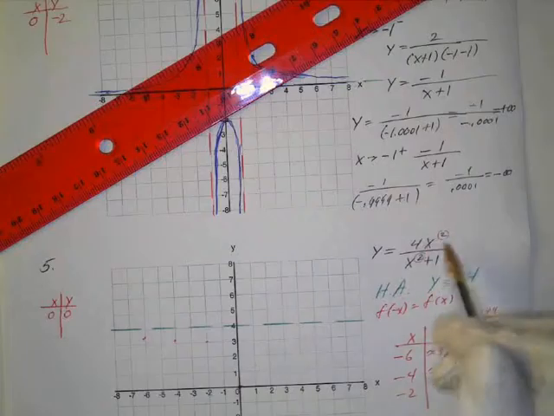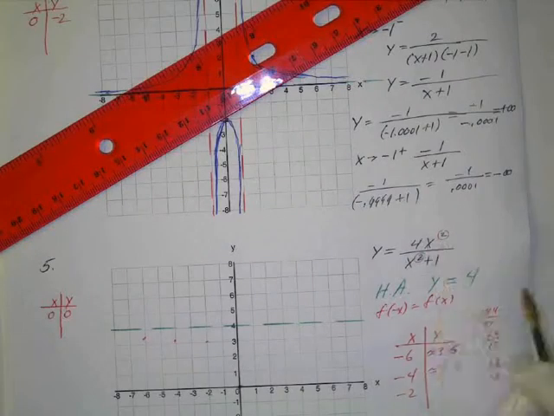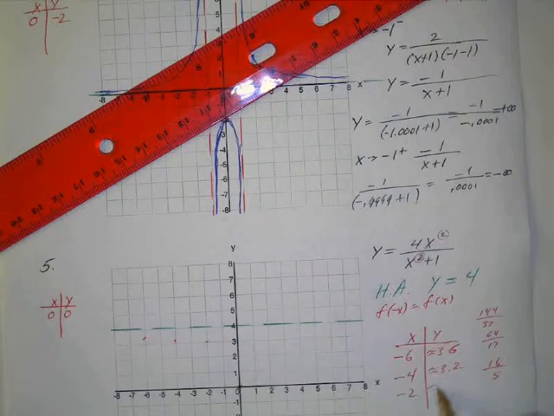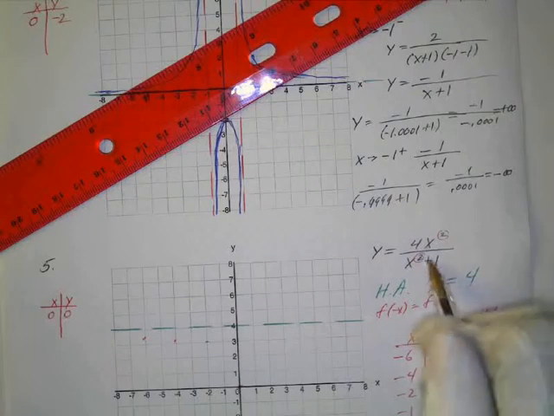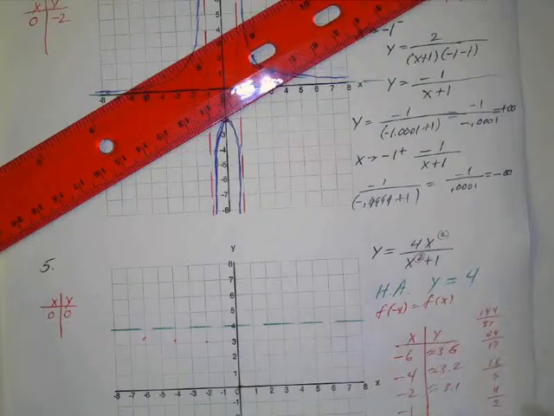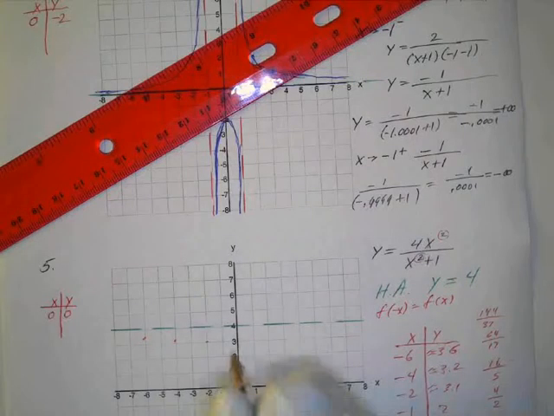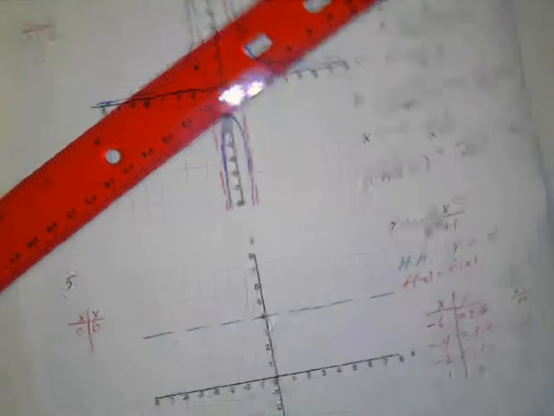Squared is 4. 4 times 4 is 16. How about -1? So that's going to be 4 all over 2, just 2. So it looks like this is what happens.